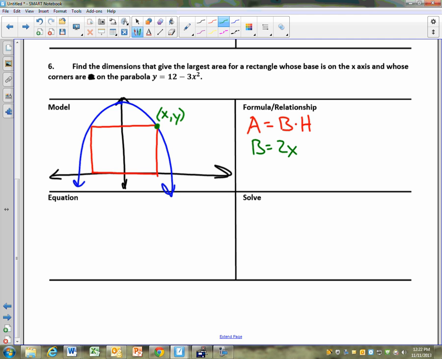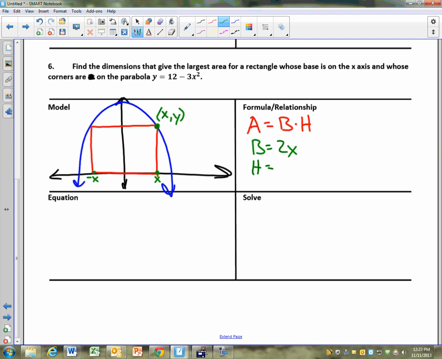Well, this spot right here would have an x value, right? This would be negative x, and the distance between x and negative x is going to be 2x. So you can see your x in one direction, your x in the other direction, so the entire base is 2x. Good work.